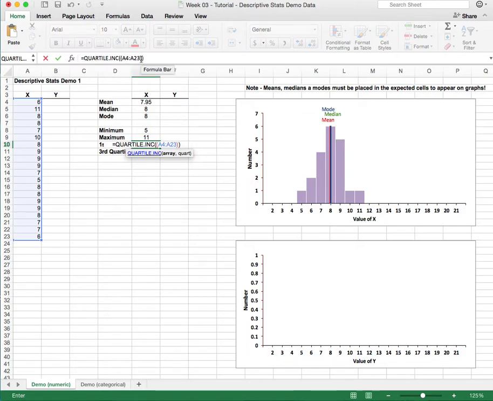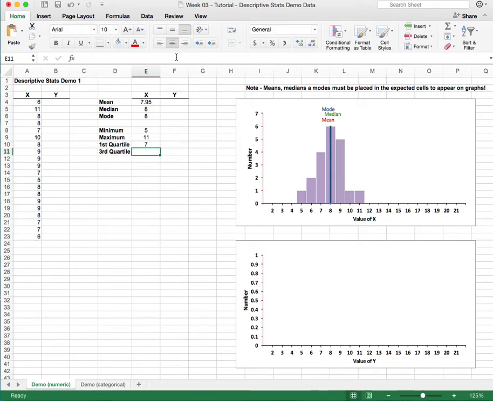We don't really need those extra parentheses. Based on this formula, quartile.inc, we need the array, and then we need which quartile. This is supposed to be the first quartile, so we'll enter a 1. It's going to calculate that quartile.